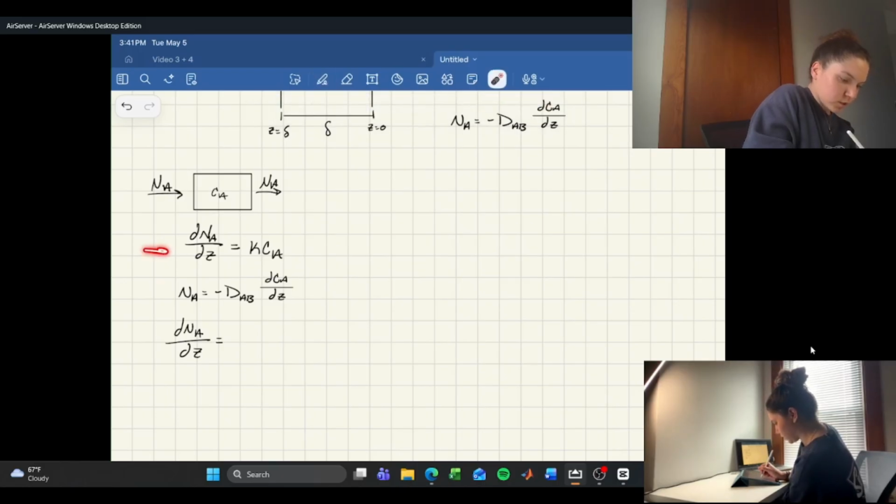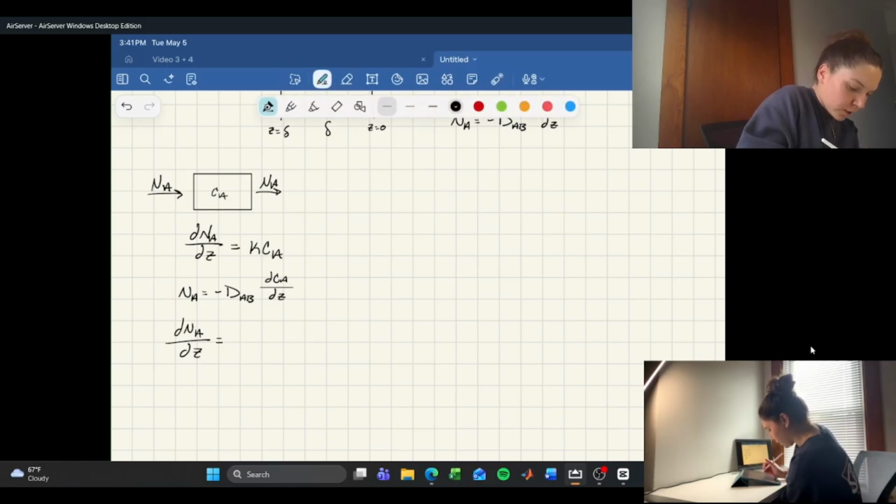this part stays the same, but looking at this equation, it'll be the negative diffusion coefficient D_AB, and this is just going to be the second derivative.